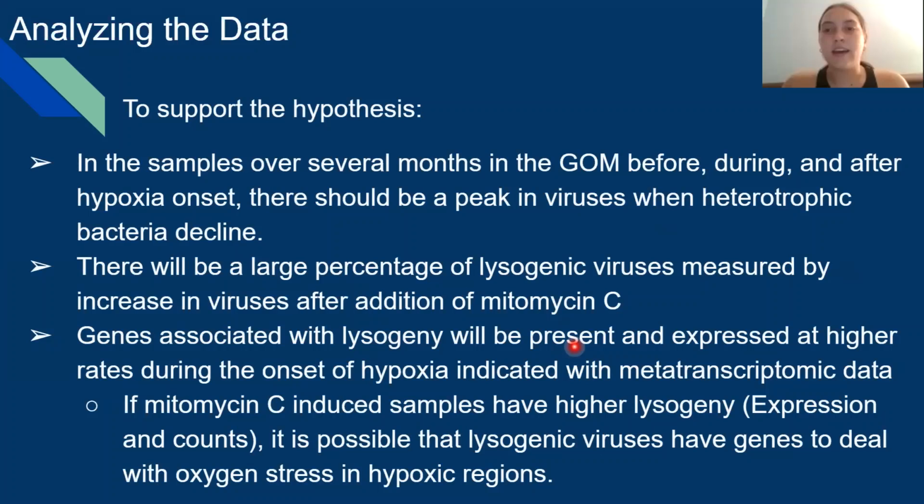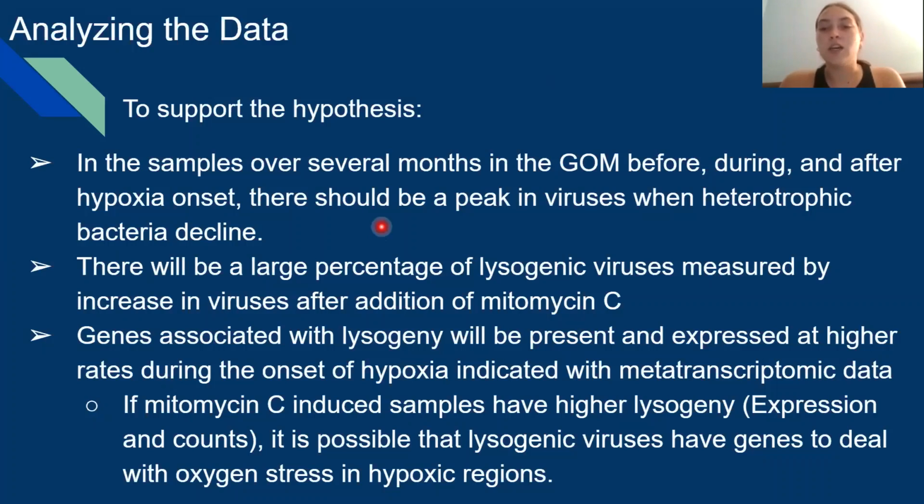When we analyze our data, we're going to want to see some results in order to support the hypotheses that we put in place previously. In our samples, we're going to want to see a peak in the amount of viruses when the population of heterotrophic bacteria begin to decline.